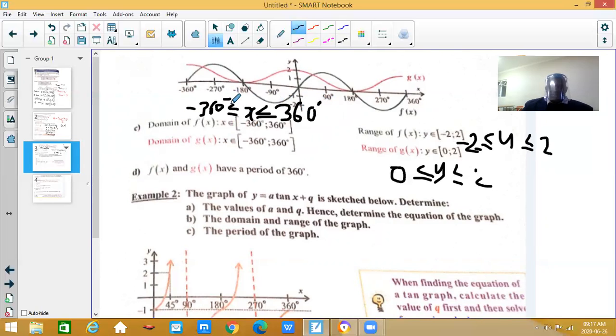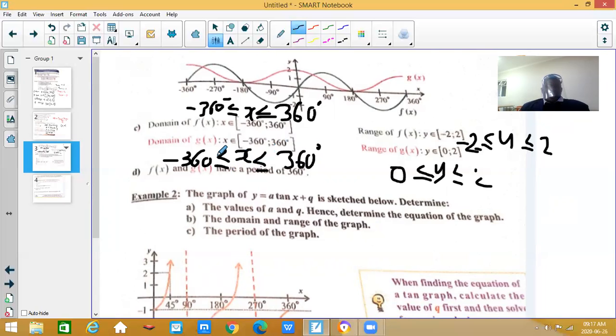These are degrees, mind you. And here the domain starts from -360 to 360. Take note. The notation, if you use this one, it's enough. You can use this one or this one. They are all the same, right?